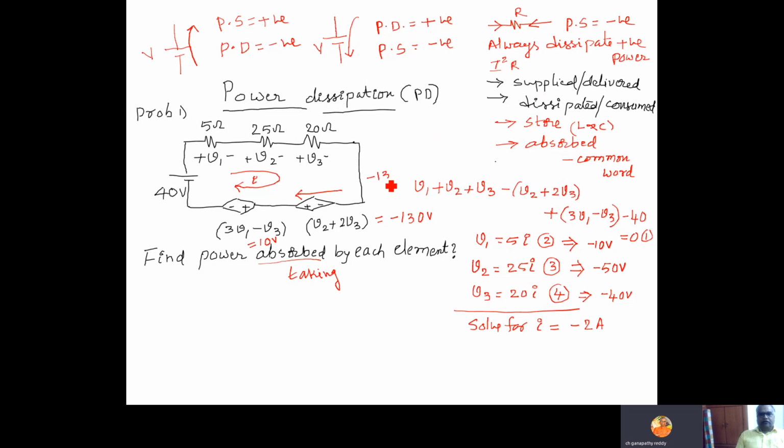Minus 130 is the voltage, times minus 2, minus of that. So this is plus 260. Sorry, minus 260.